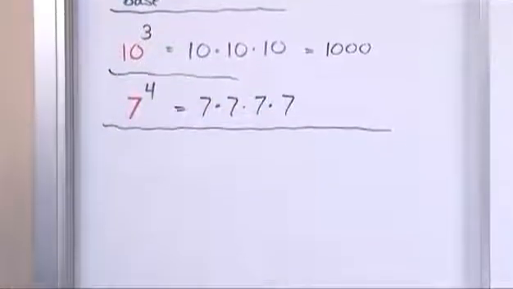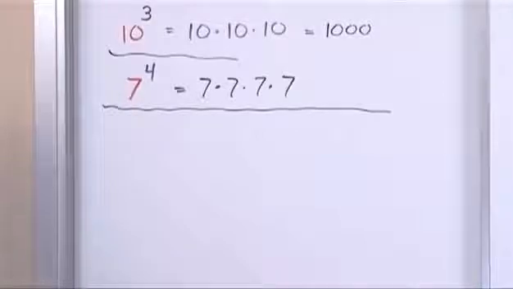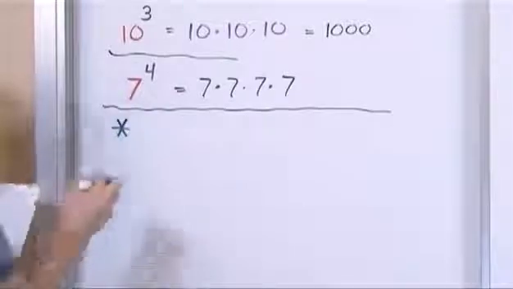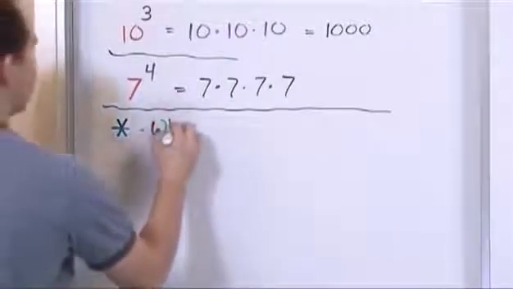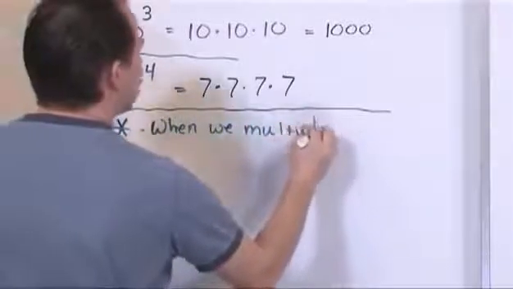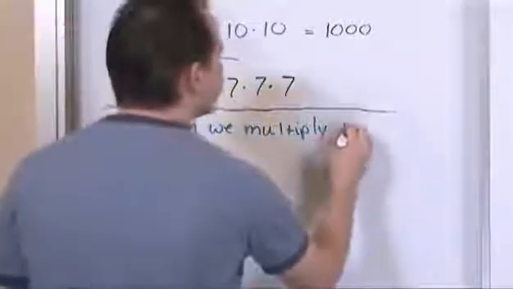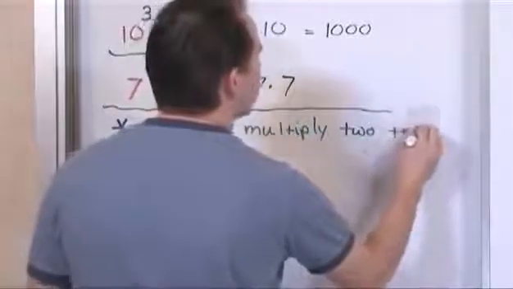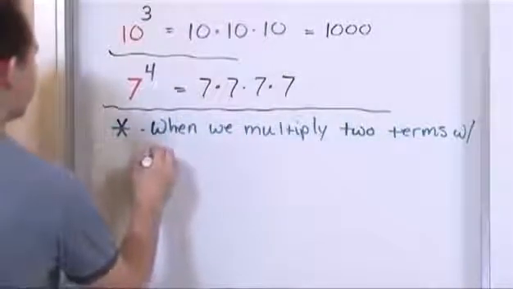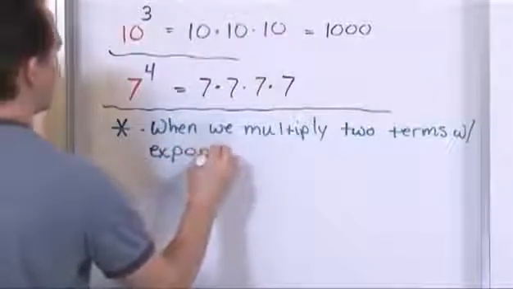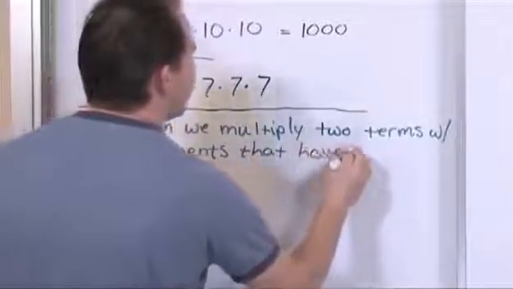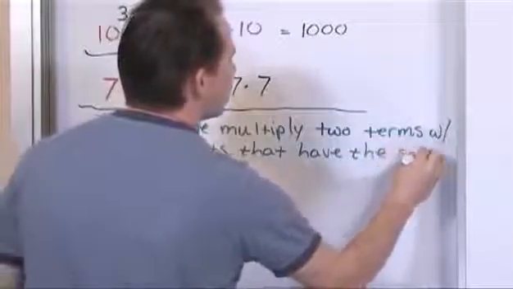Right? And let me write it in a different color. I'm going to put a little asterisk here because you're going to need to remember this. When we multiply, with, that's what this W means, two terms with exponents that have the same base.